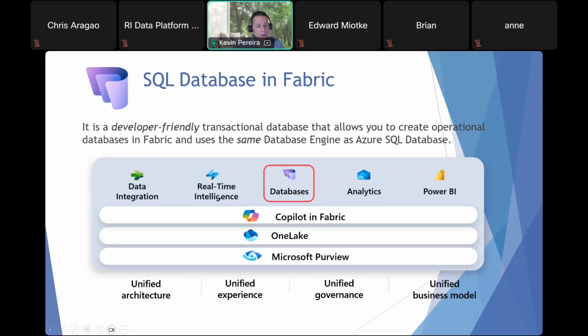When you're working with this product, and we'll get into that in a second when we look at the architecture, it stores the data ultimately in OneLake. And so that really gives you the unified experience whenever you're using Fabric. It gives you the unified architecture, the unified governance, and the unified business model.